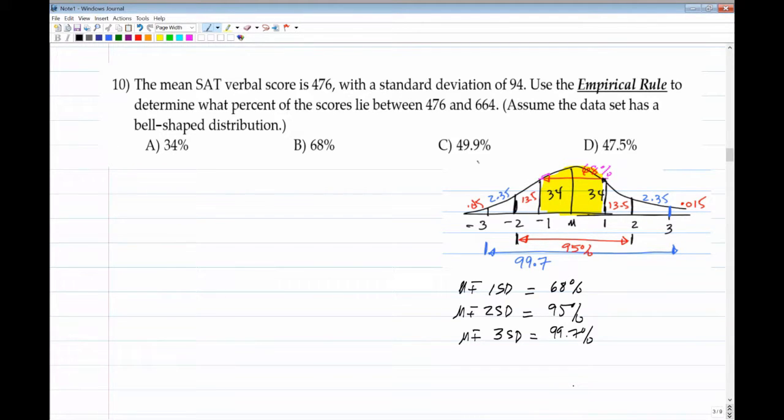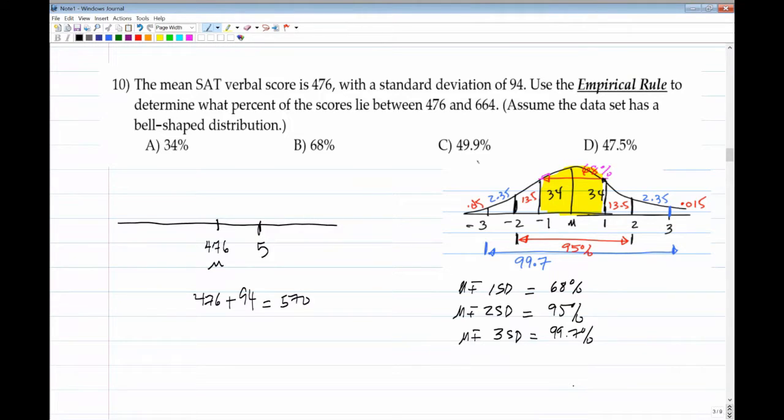Now, according to this one right here, we have the mean. Here is my score right here. The mean in the middle is 476. Each standard deviation is 94. If I add 94 to 476, that gives me 570.